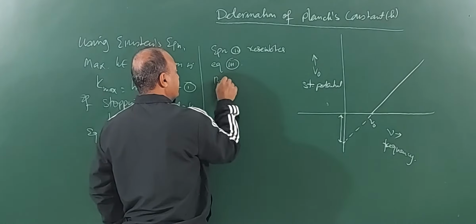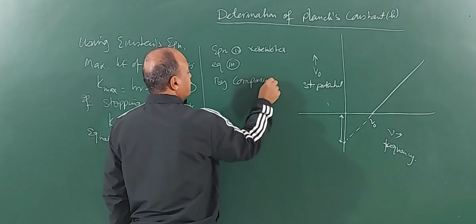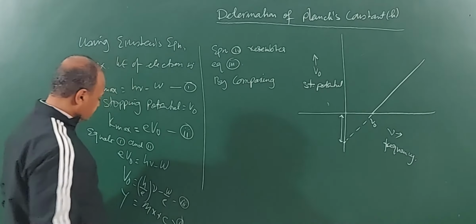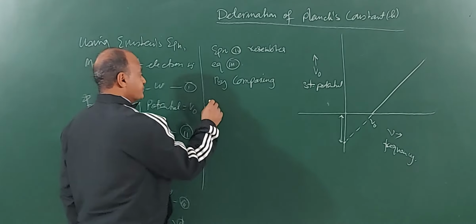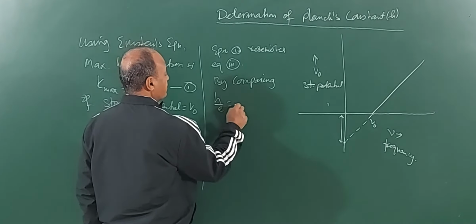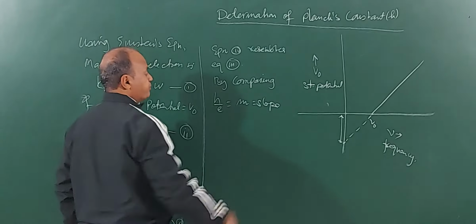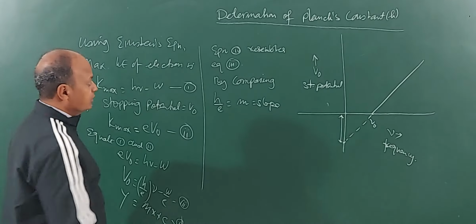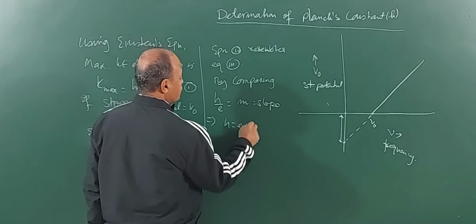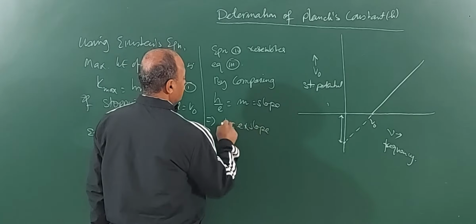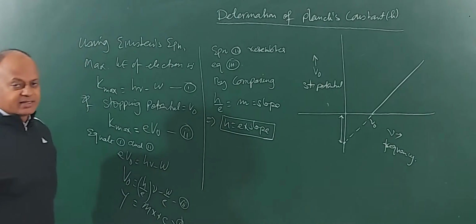So by comparing, if we compare children, then h by e will be equal to how much? m. h by e will be equal to m. And what is m? Slope. So h will be equal to e into slope. So if you know the slope, here we can calculate Planck's constant.